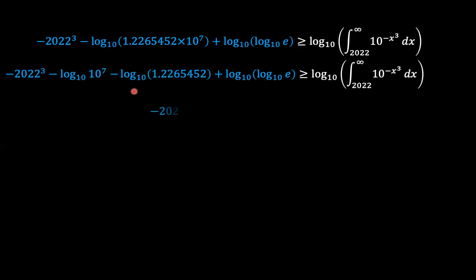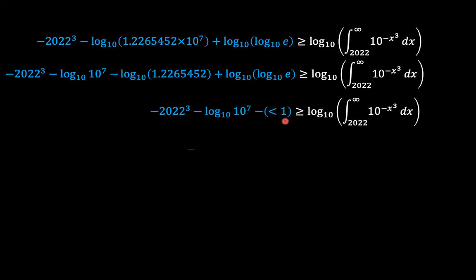And so we can now say that this is negative 2022 to the power 3 minus log 10 of log 10 to the power 7 minus a value less than 1. And so this is minus 2022 cubed minus 7 minus a very teeny value, less than 1, which is greater than the log 10 of the integral.